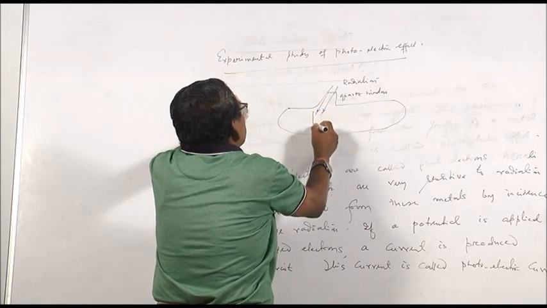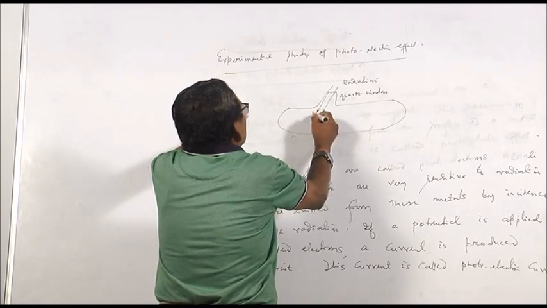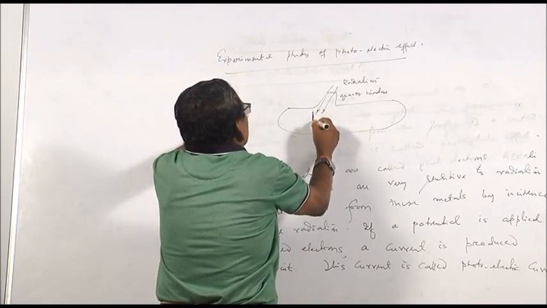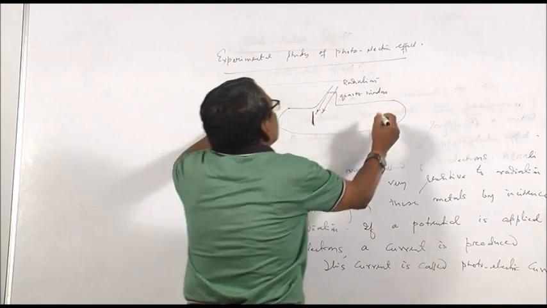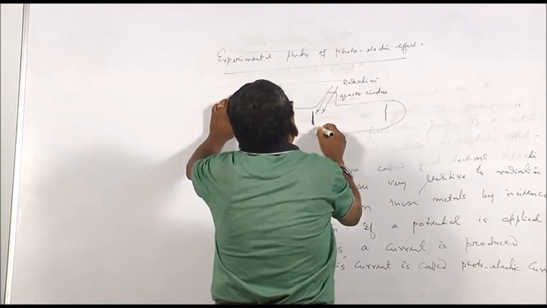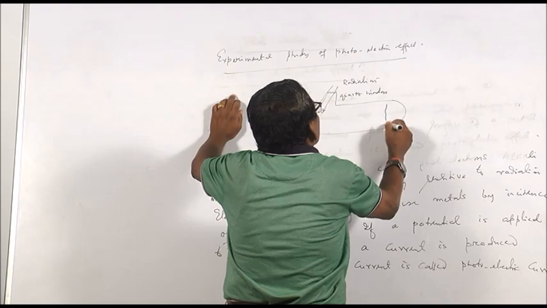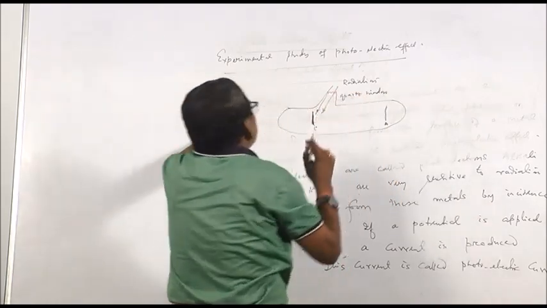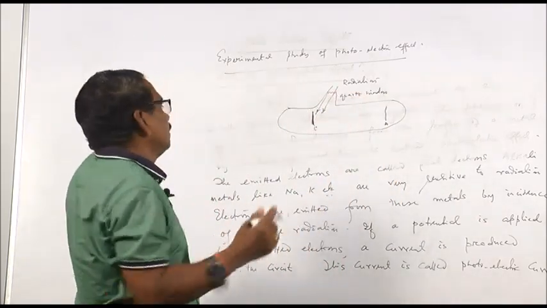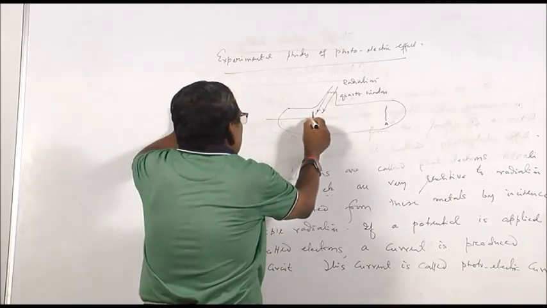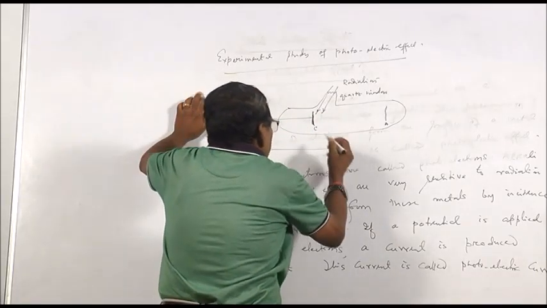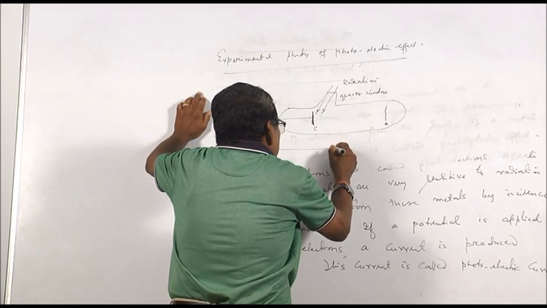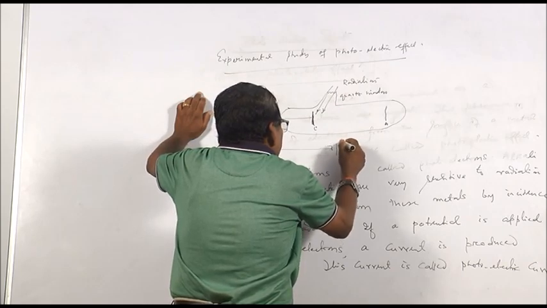This is a photosensitive material C, and here is the anode. We apply a potential difference, negative on this side and positive on this side.